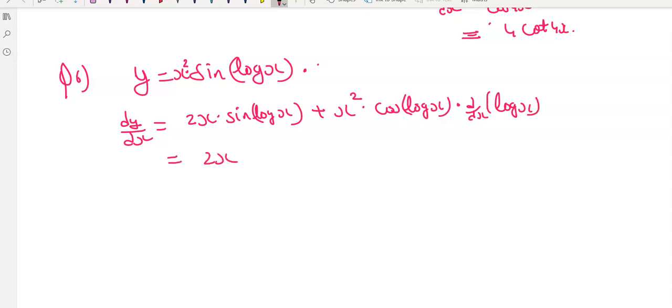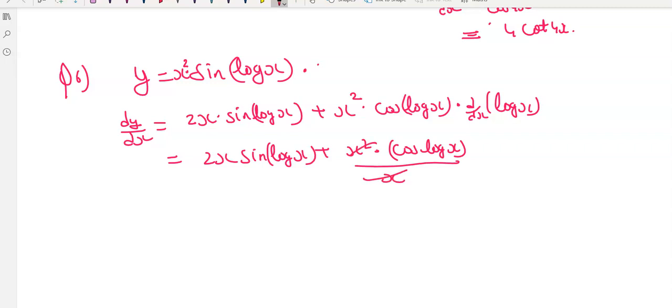It is 2x sine log x plus x square cos log x whole upon x. You can take this x common, that is up to you.